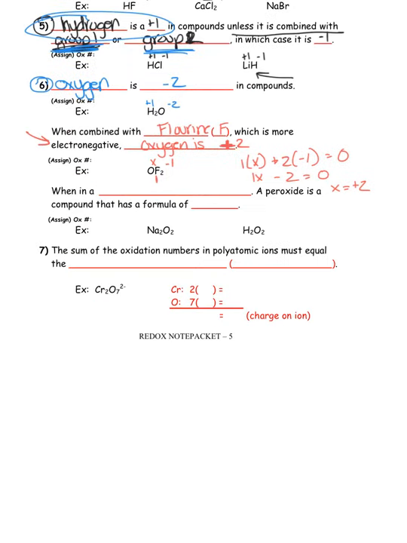Another exception for oxygen, oxygen has 2 exceptions, is when oxygen is in a peroxide. We've all heard of hydrogen peroxide, maybe you've heard of sodium peroxide. When the oxygen is in a peroxide, oxygen is going to be -1. And peroxides look like this.